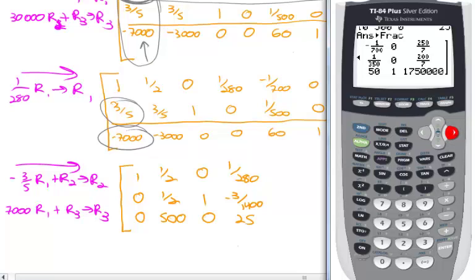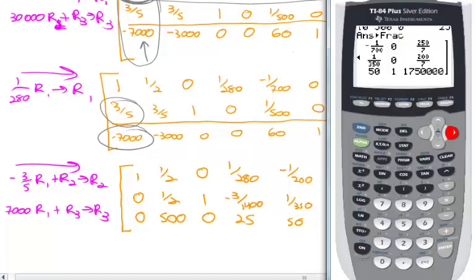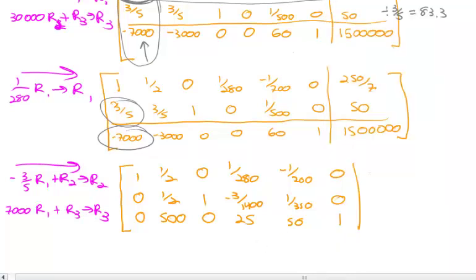I can. Negative 1 over 700, 1 over 350, and 50. And then finally we have the 0, 0, 1. In the last column, 250 over 7, 200 over 7, and 1.75 million. That's 4 zeros. So we've got 250 over 7, 200 over 7, and then 1.75 million.